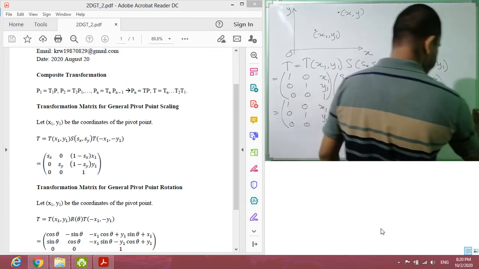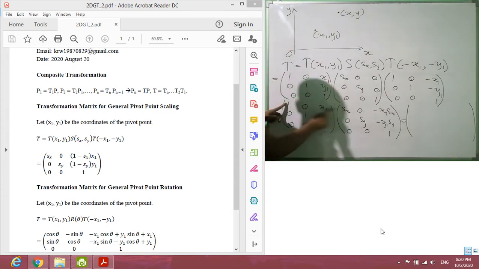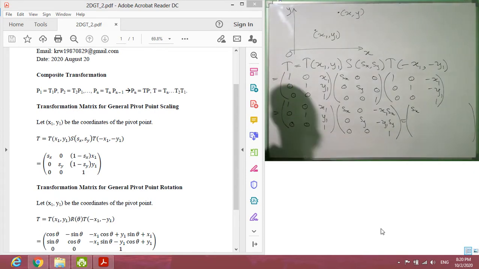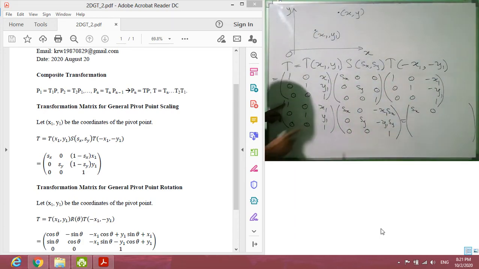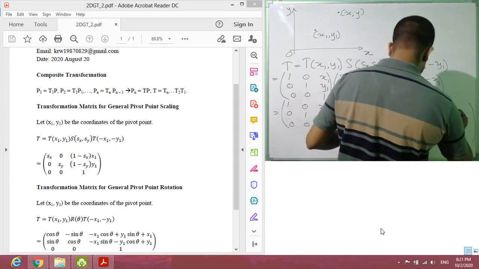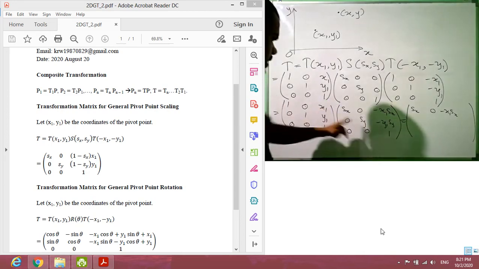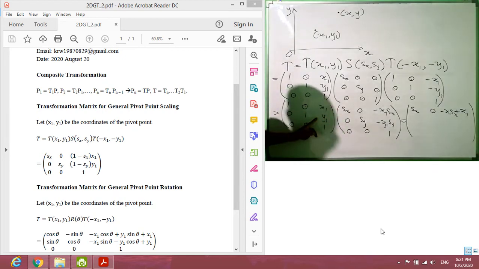Then you get this one, and now here you get Sx, then 0 0 0, here we have 0, 1 into x1, see 0 into this plus x1, then 0, 0, 0.